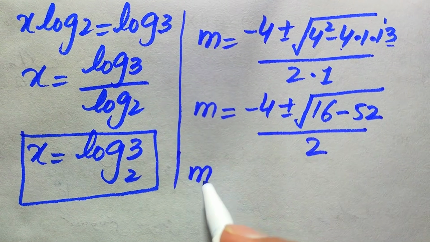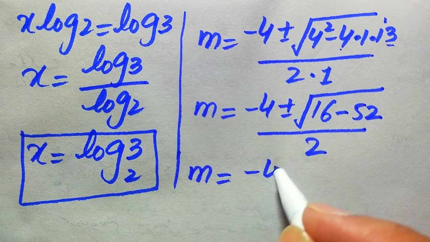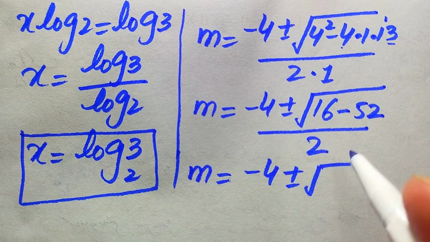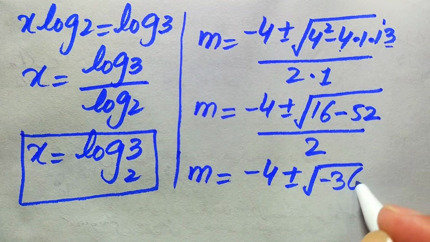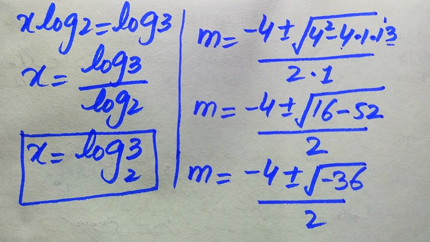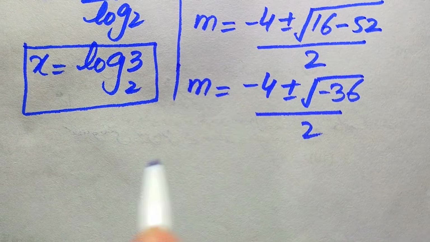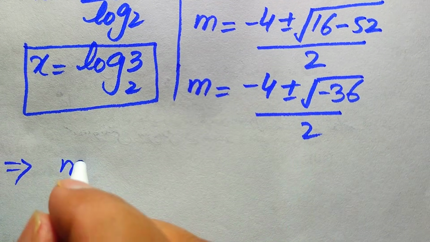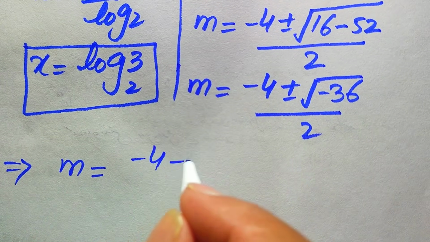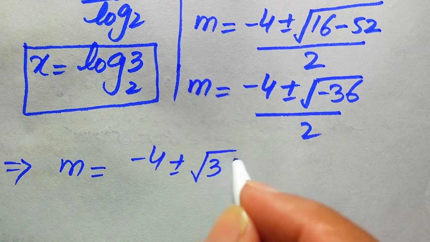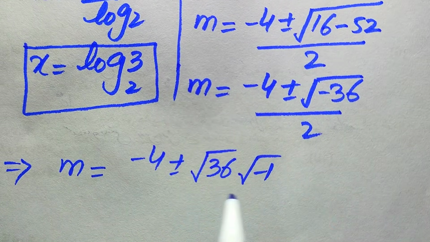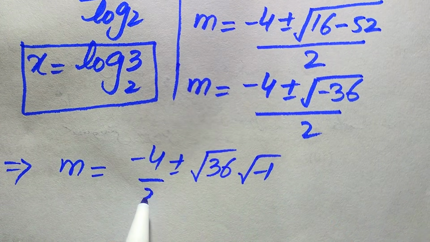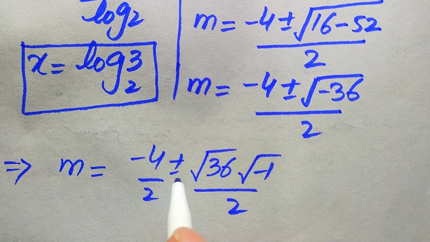Further we have m is equal to minus 4 plus minus square root of, so here we get minus 36, divided by 2. So here when we apply the square root on both of these terms, we will get m is equal to minus 4 plus minus square root of 36 into square root of minus 1, and we just break this separately on both of these two values.